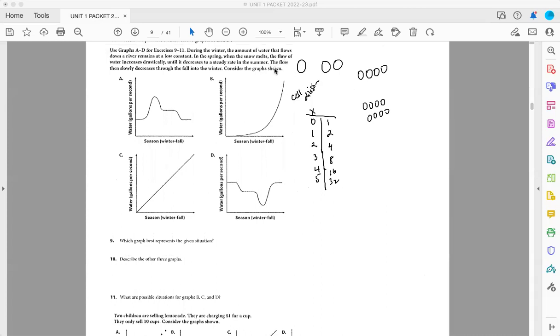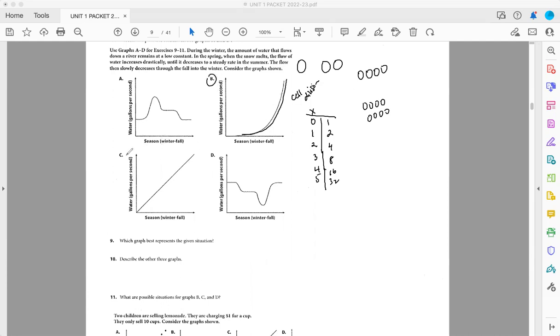As we go from winter to fall, what's happening? The number of gallons increases at an exponential rate. So there is a lot of what? There's a lot of melting of the water that is happening, right? The melting is increasing basically, and that's why the water is coming in. Okay, so that's for part B.